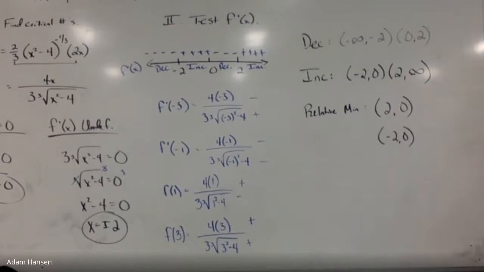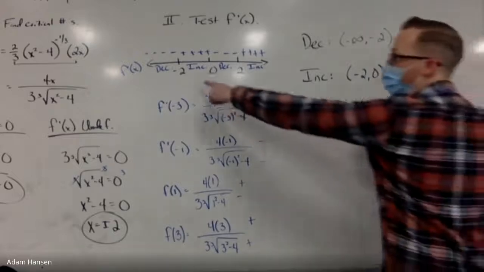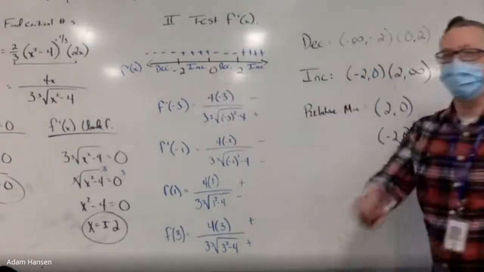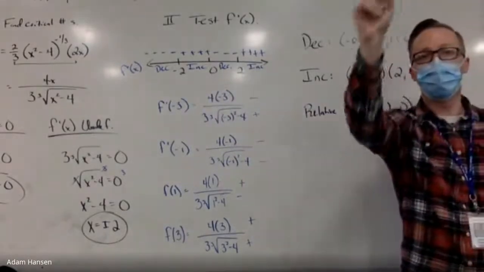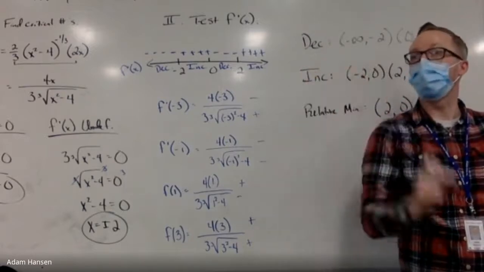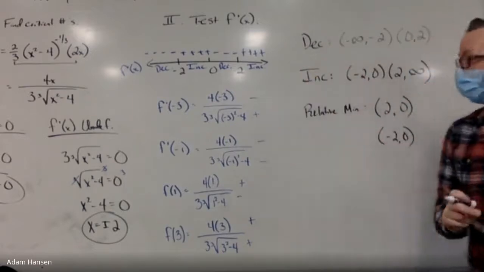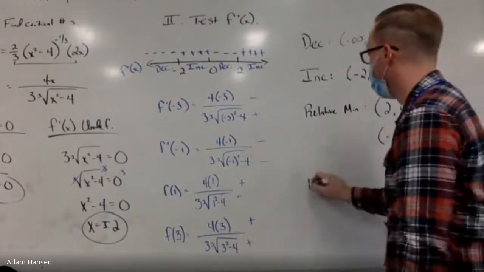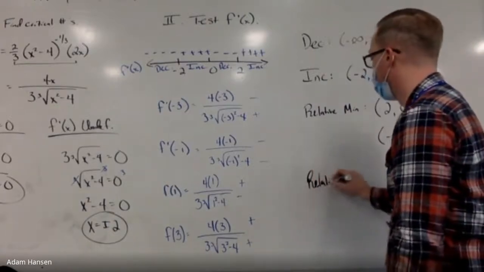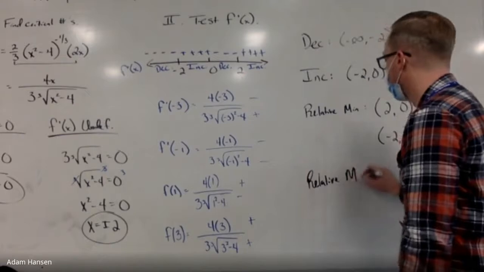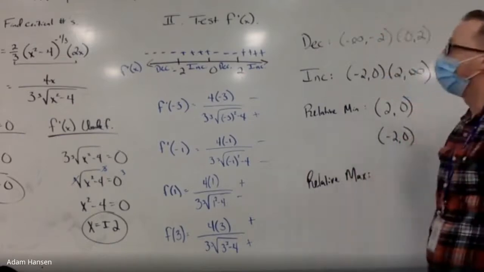Where is there a maximum? Where does the derivative change from positive to negative? 0. I go from increasing to decreasing. The function goes from going up to going down, so it has to top out somewhere. It has to have a maximum point. We have a relative maximum at 0.